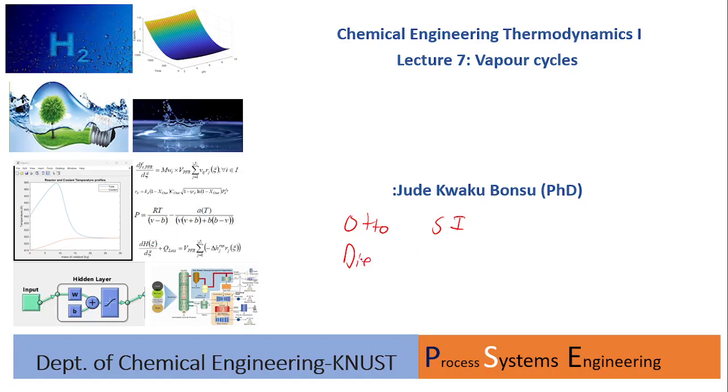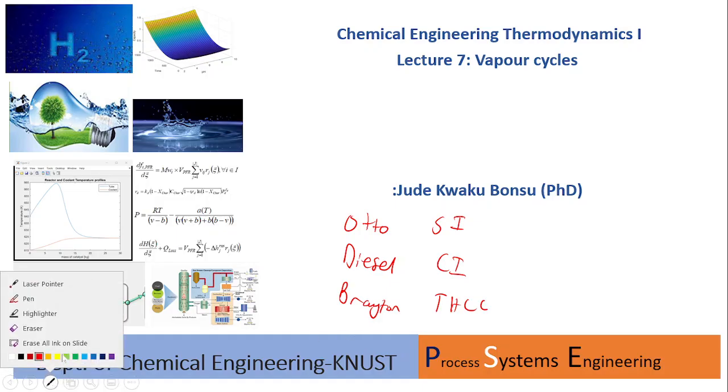We had the diesel cycle that worked with a compression ignition system. Then we had the Brayton cycle, which worked with the turbine, heater, compressor, cooler units. So these were the three cycles we considered under that.